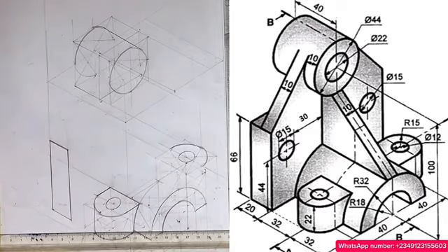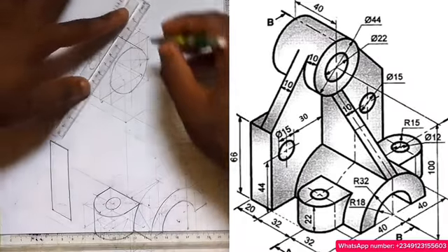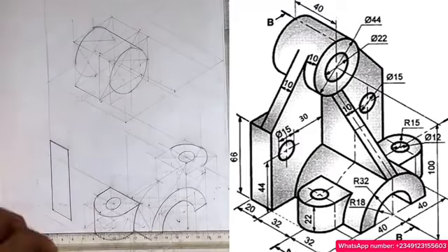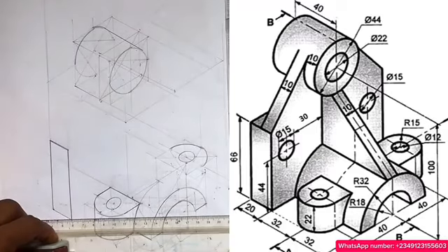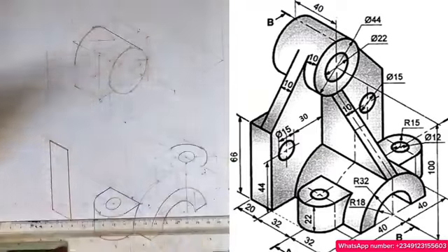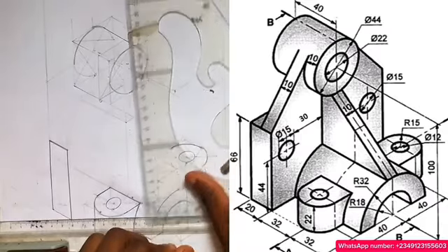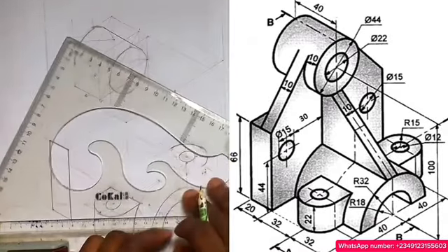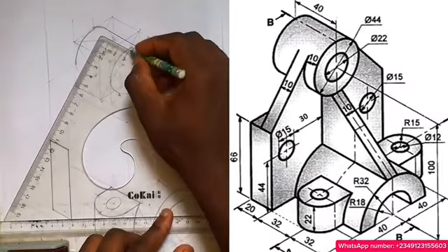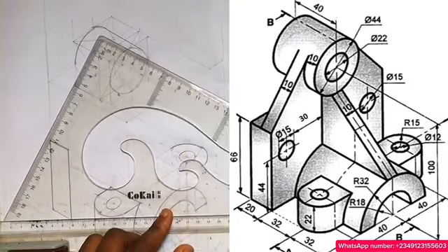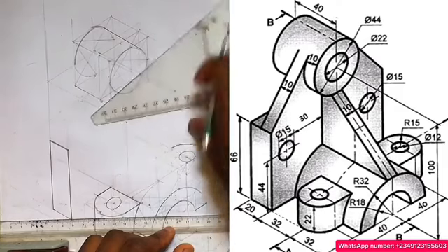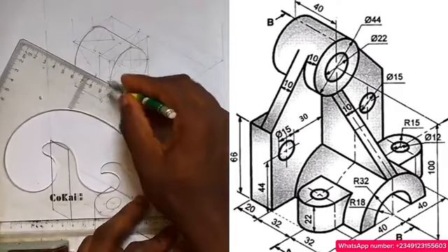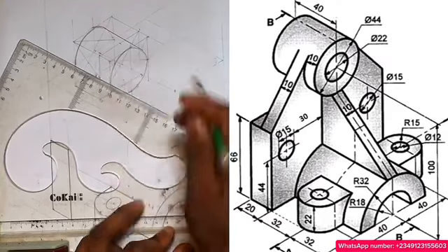After measuring that 10, my next task is to join longest diagonal. Join 1 and 4 together. When I'm done with 1 and 4, my task there is to get the center. So I'll transfer this point, the center point here, to this, and similarly the center point here, that is this part here, this one here, transfer it here.